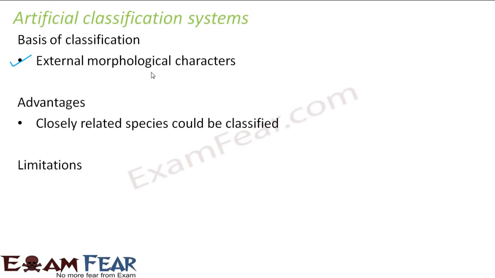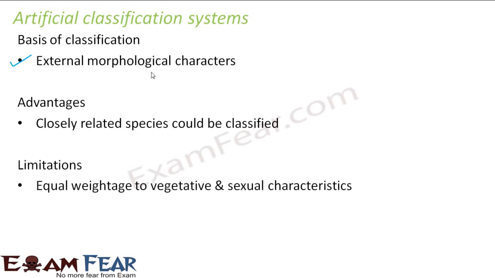Now looking at its limitations: equal weightage to vegetative and sexual characteristics. Here I think we have something to understand first. What do I mean by vegetative and sexual characteristics, and what do I mean by equal weightage to these characteristics? Let us try to understand what vegetative characteristics and sexual characteristics are.